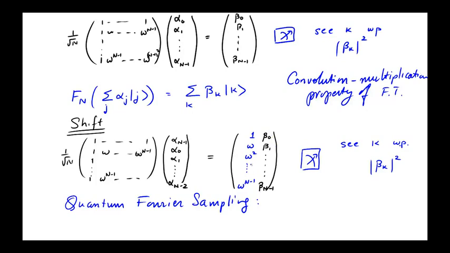So really, this is what you're doing. You're multiplying the Fourier transform of something, which is beta naught through beta n minus 1, pointwise by 1, omega, omega squared, omega to the n minus 1, which is the Fourier transform of something else.